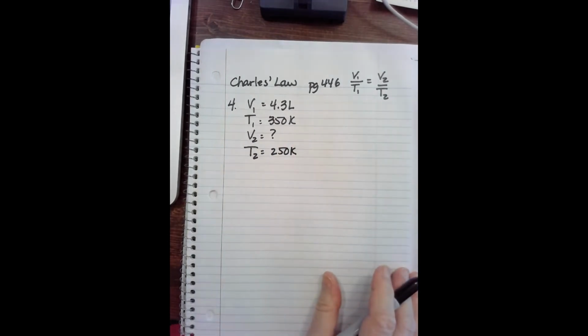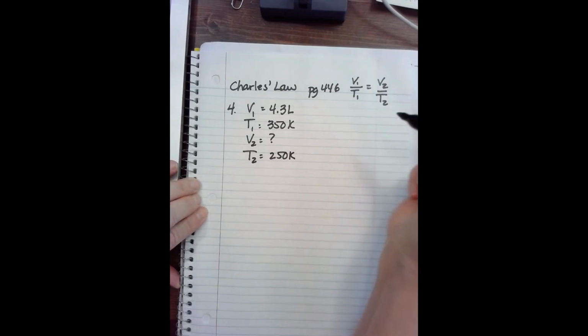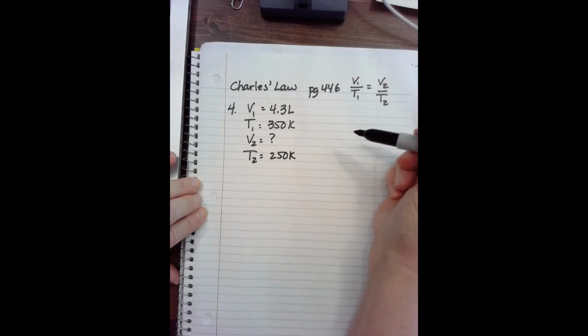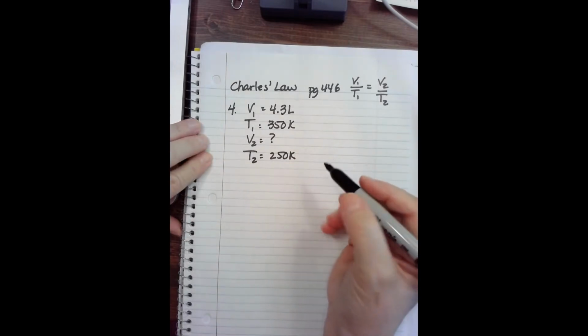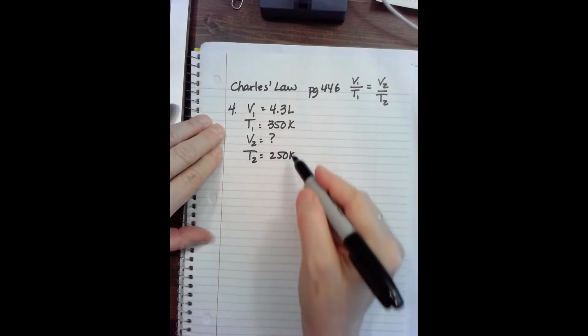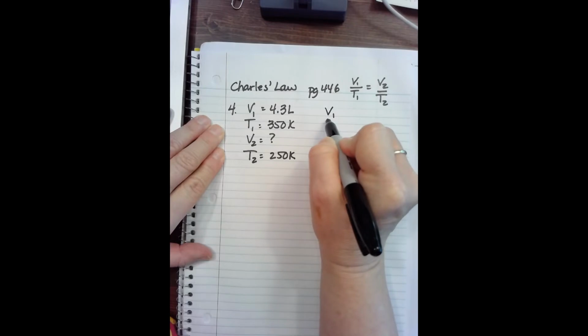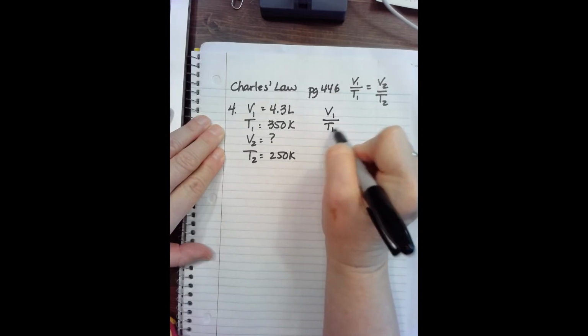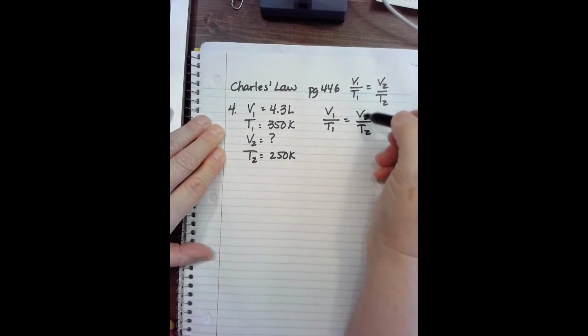So the temperature is dropping. So let's look at this in a logical way. If the temperature goes down, the volume should go down. So that's important for us to understand. So let's, from our chart now, fill this in. Again, this is how your textbook would show this. So V1 over T1 equals V2 over T2. We're solving for V2.